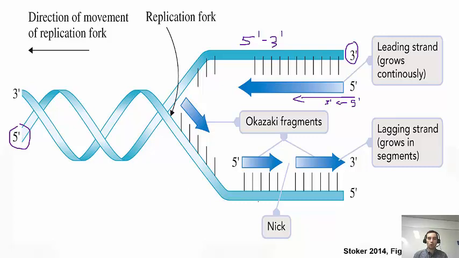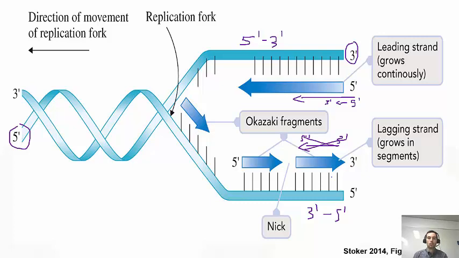However, our bottom strand here runs from 3' to 5'. So this is our lagging strand. When we're trying to create a new DNA sequence, we can't grow continuously from right to left, because this would be going from 3' to 5', and we can't do this because DNA polymerase does not work this way.